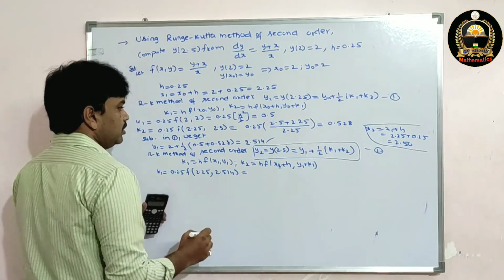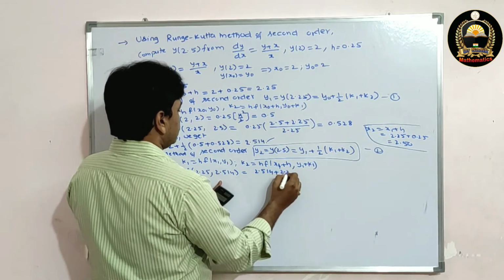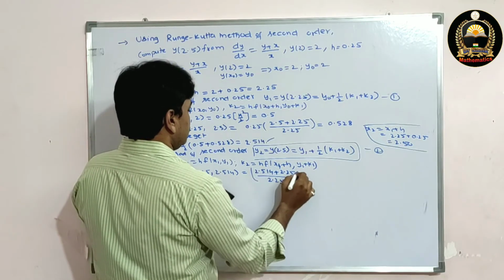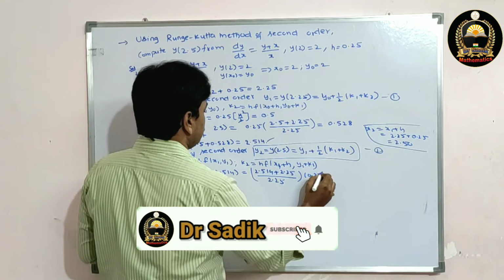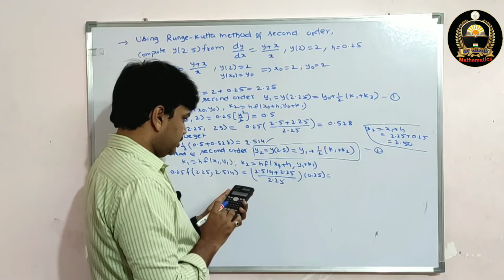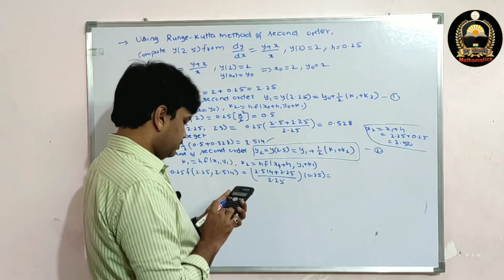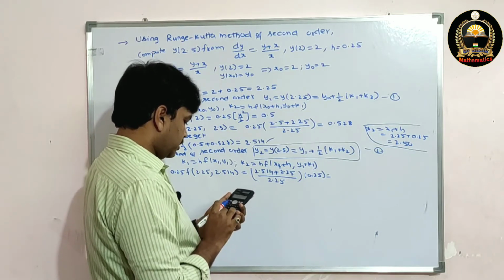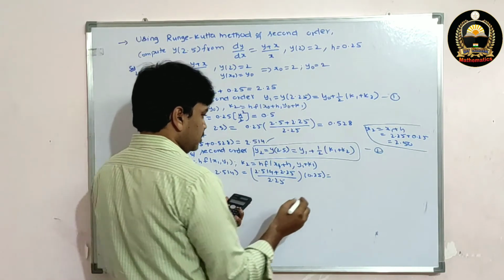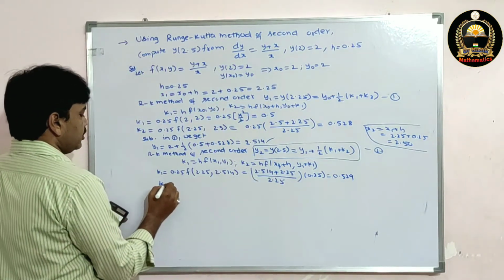That is equal to (y plus x)/x: 0.25 into (2.514 plus 2.25) divided by 2.25. That is equal to 0.529.